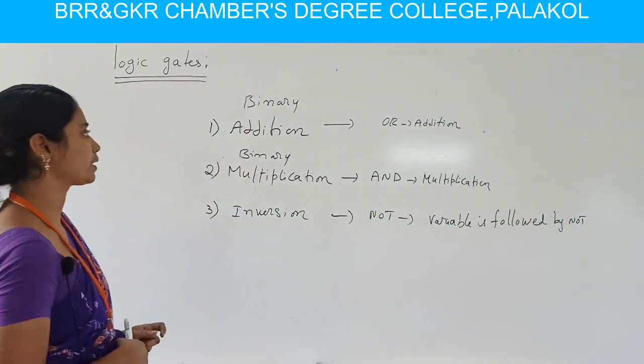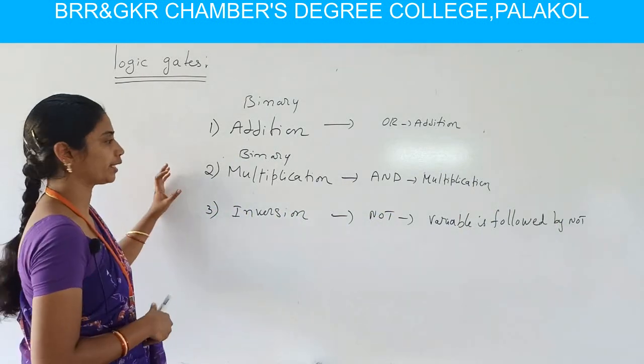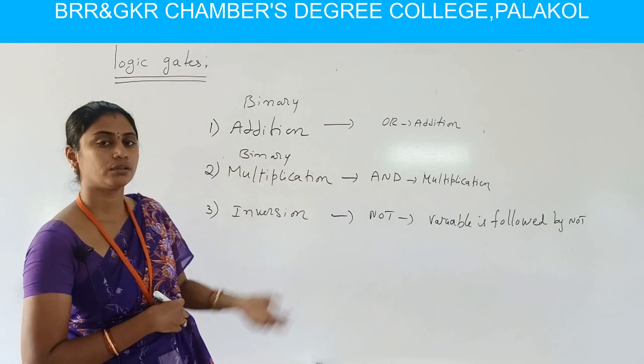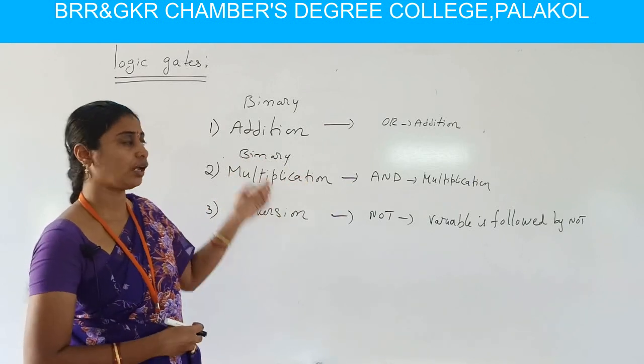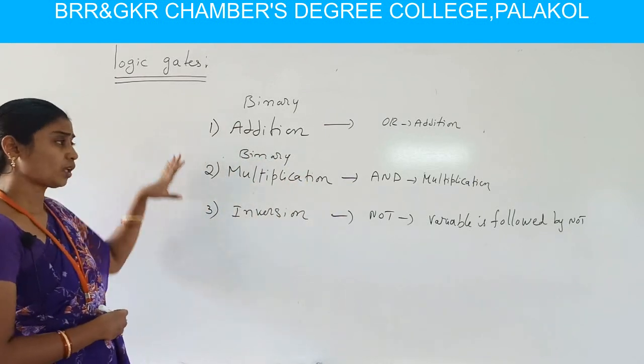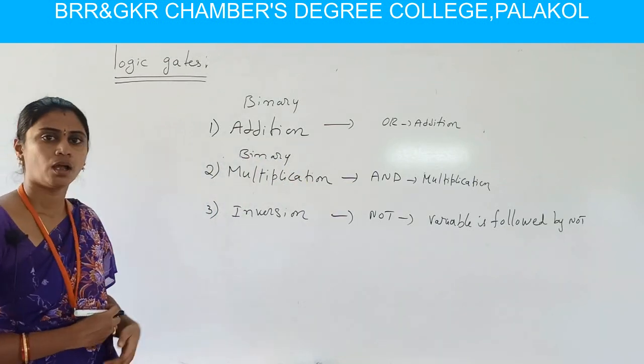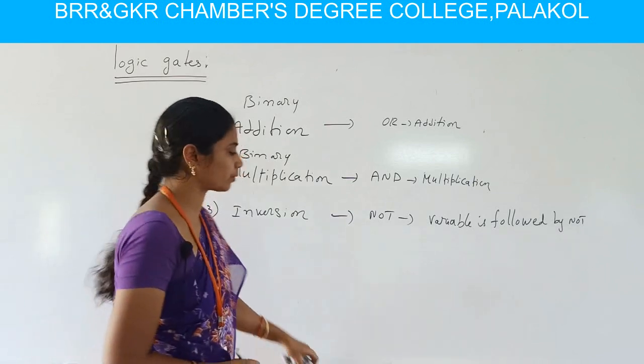These are the basic operations in logic gates: OR addition, AND multiplication, and NOT inversion. By using these operations, we construct our logic gates.